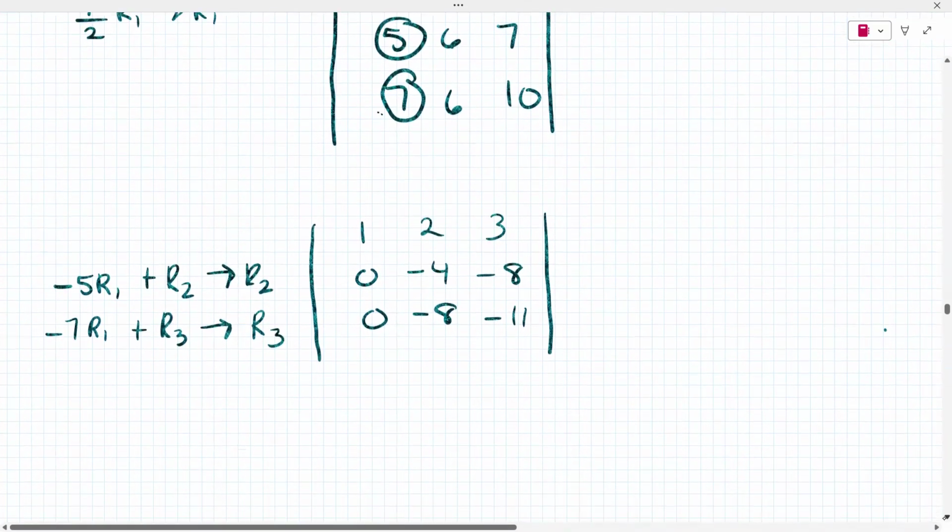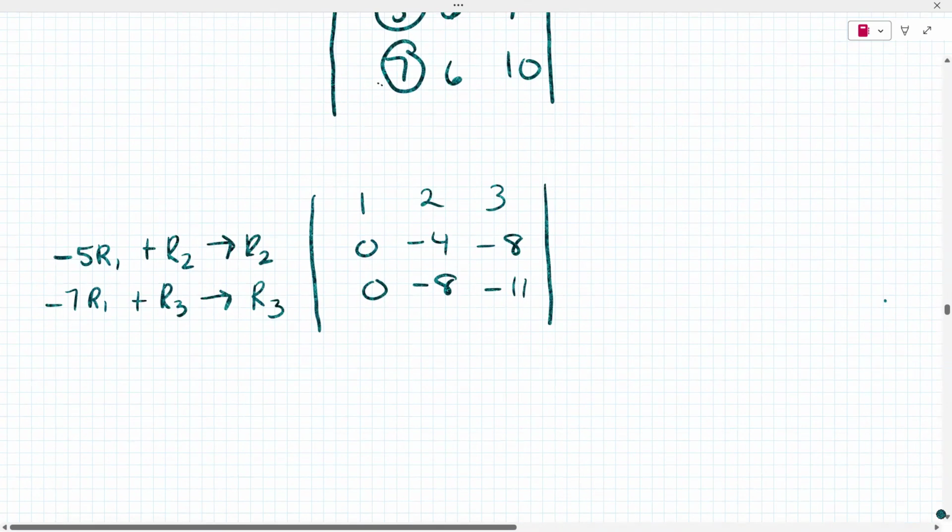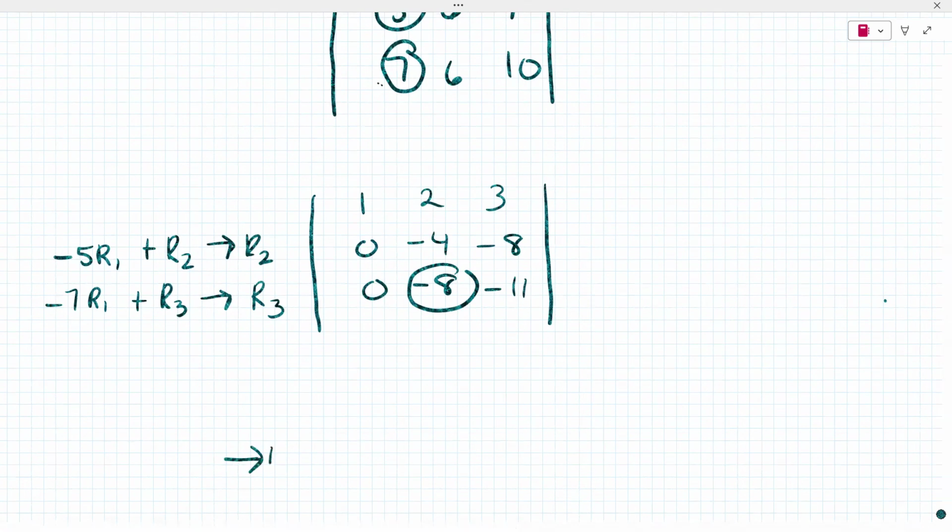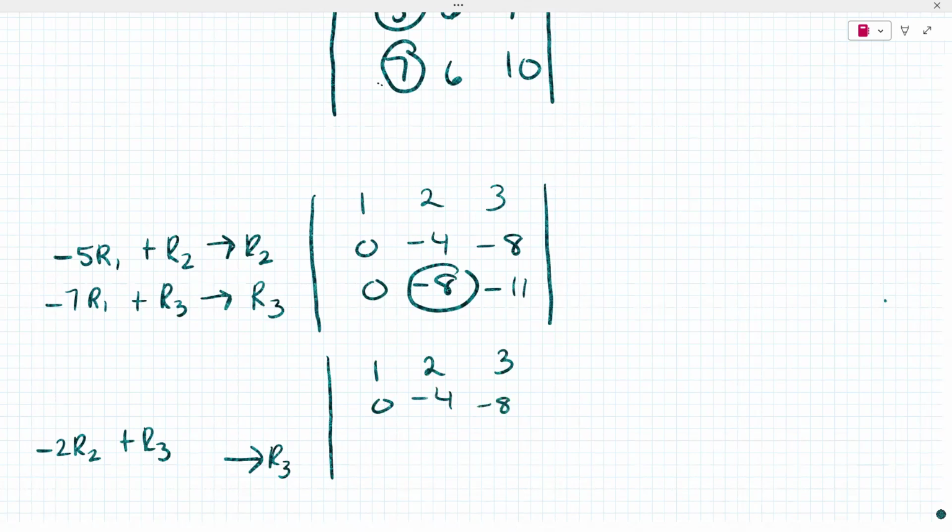And then the next thing I really want to do is make this -8 into a 0. So the next operation is on row 3. To make this -8 into a 0, I would multiply -2 row 2 plus row 3 gives me my new row 3, which gives us this final matrix: 1, 2, 3, 0, -4, -8, 0, 0, 5.